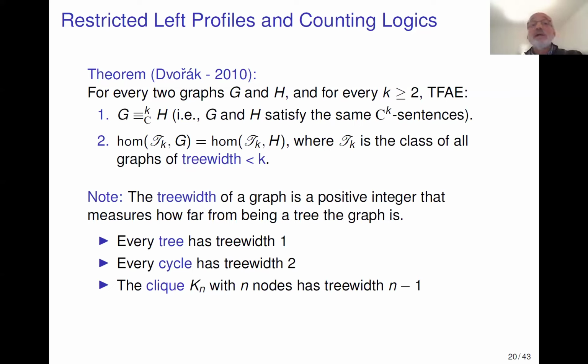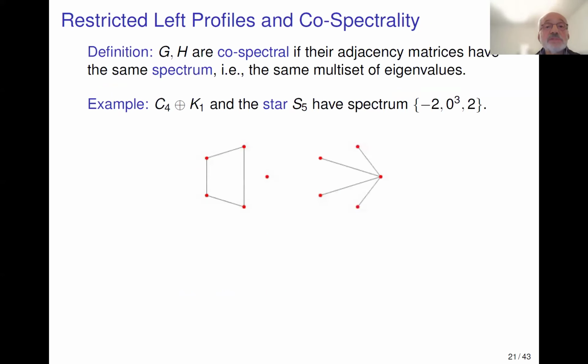By Cai-Fürer-Immerman, this is what the Weisfeiler-Lehman algorithm gives you. So you have a polynomial-time algorithm for deciding if two graphs have the same profile with respect to the class of graphs of tree width less than k. Imagine if you had to test this directly. You have to test all graphs of bounded tree width. So that's one of the many nice consequences.